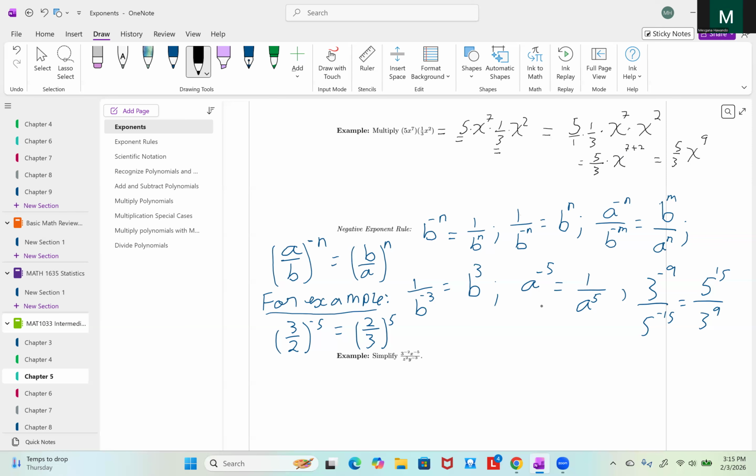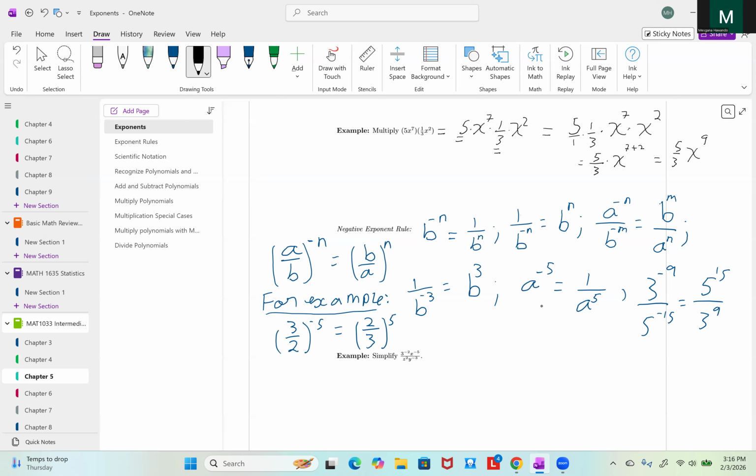Another exponent rule is a to the power of -n over b to the power of -m, which is equal to b to the power of m over a to the power of n. And another negative exponent rule is a over b, the whole thing to the power of -n. Then we take the reciprocal of the inside and it becomes b over a to the power of n.